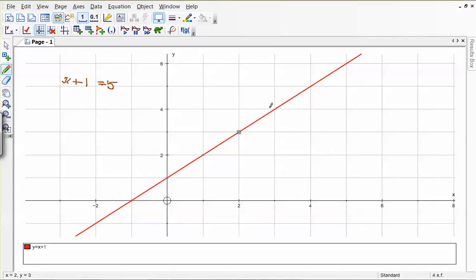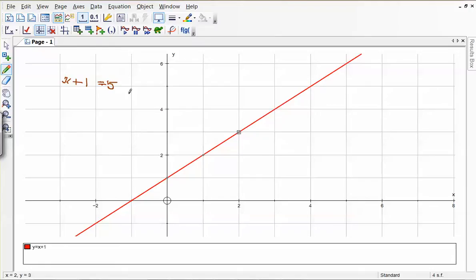Wait, we learned though that the intercept is 1. Yeah, but I think what we're doing, you're taking a step back. So the intercept is 1, and the gradient is 1.